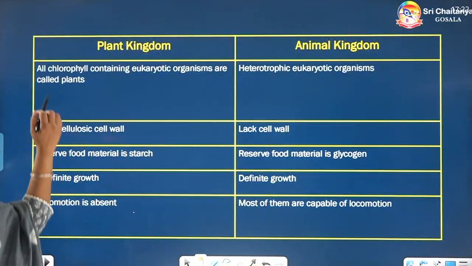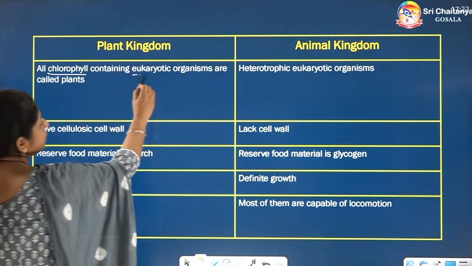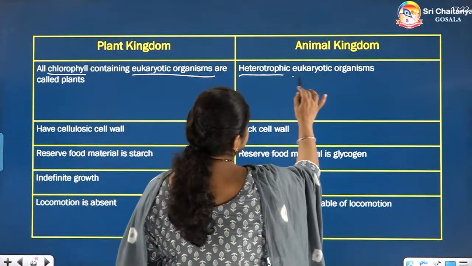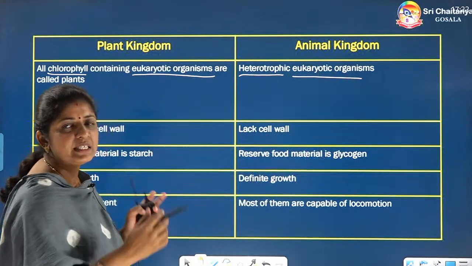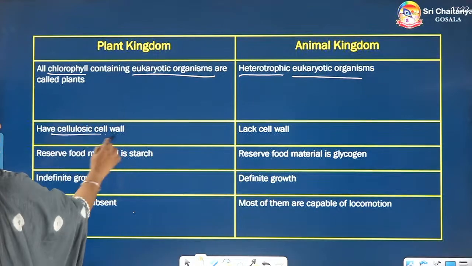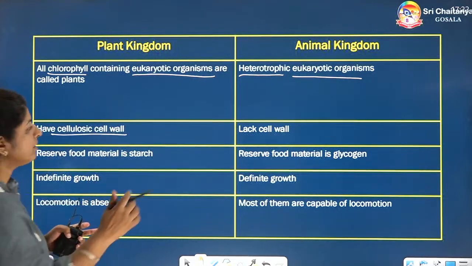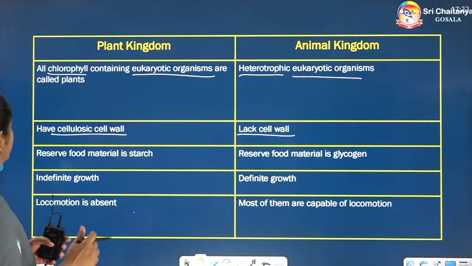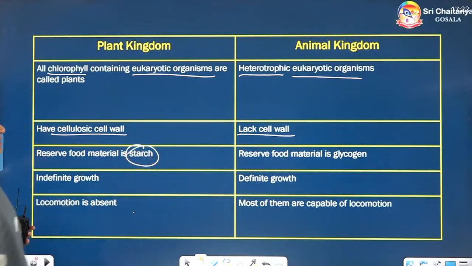Plant kingdom members, can I say they are chlorophyll containing eukaryotic organisms, whereas Animalia are heterotrophic eukaryotic organisms. Cell wall will be present in the plant kingdom members, whereas the cell wall will be lacking in case of the animal kingdom. And reserve food material is the starch.